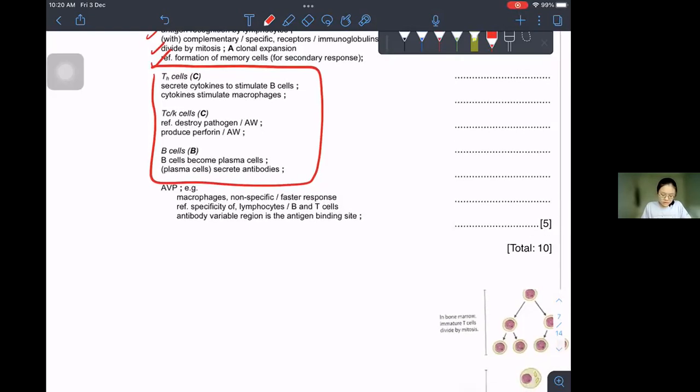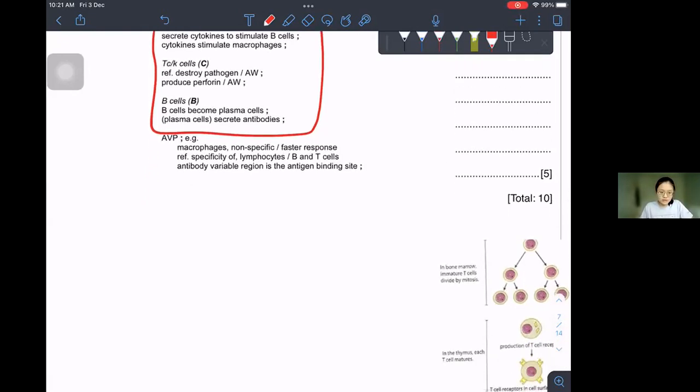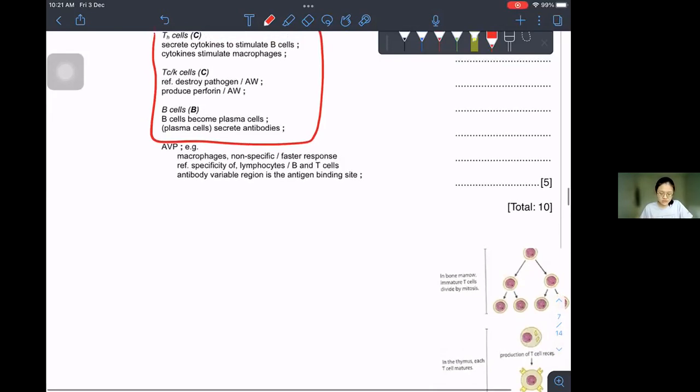And the T killer cell will destroy the pathogen by producing perforin. Like I mentioned just now, the bacteria is killed by free radicals or hydrogen peroxide. And the B cells will become plasma cells, and they secrete antibodies to bind to the antigens and to be phagocytosed by the macrophages.